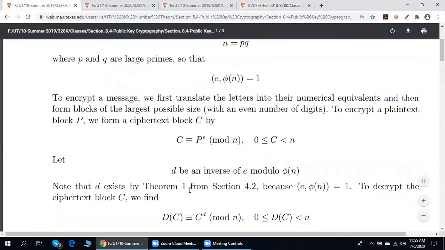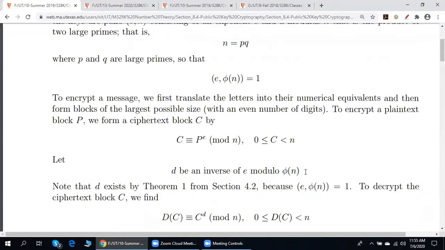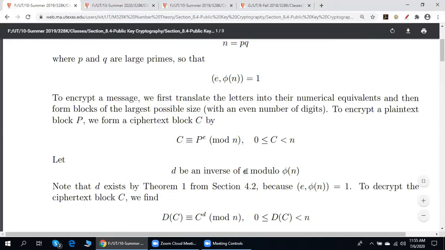So, over here, since d is the inverse of e modulo phi of n, d is a solution of the following equation: e times x is congruent to 1 modulo phi of n. This congruence has a solution because this and this, according to what is written here, are relatively prime.